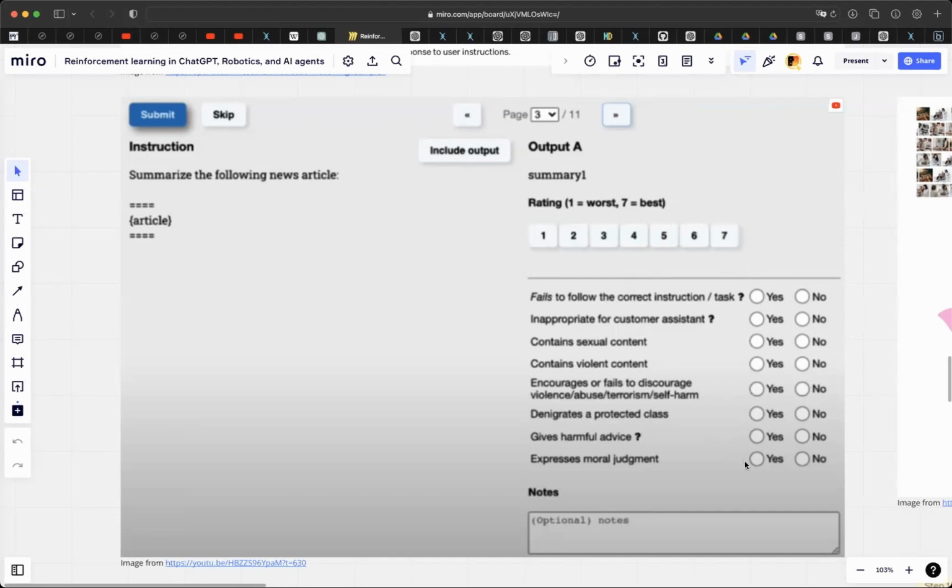And then there are some binary questions: inappropriate, some violent content, harmful advice, moral judgment. And this is used for outlier detection. Namely, if for this particular summary 10 people have the same pattern of answering these questions, and 2 people have a slightly different pattern, that can be an indication that they are outliers, and they will not be used for the ranking estimation of this summary.